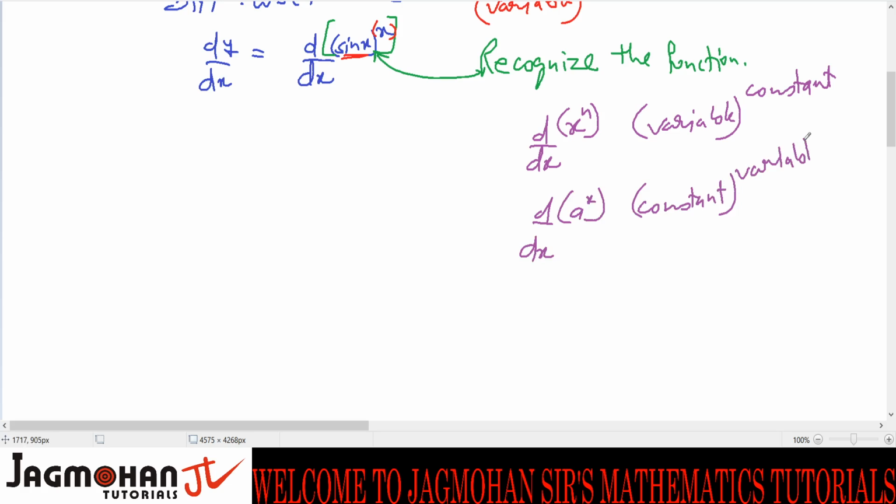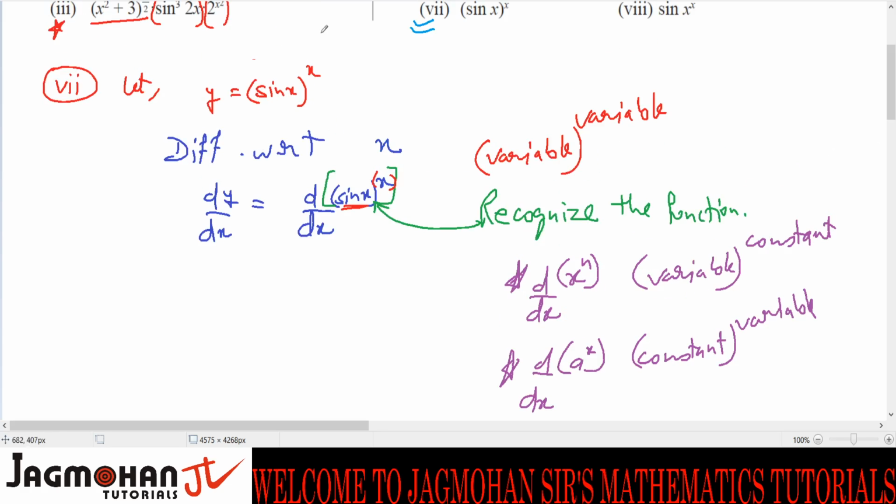But I do not have a ready-made result for d by dx of variable raised to variable. So this is new for us. So what do I do? I hope you all are understanding what I'm trying to say. I do not have a result as of now for differentiating variable raised to variable.